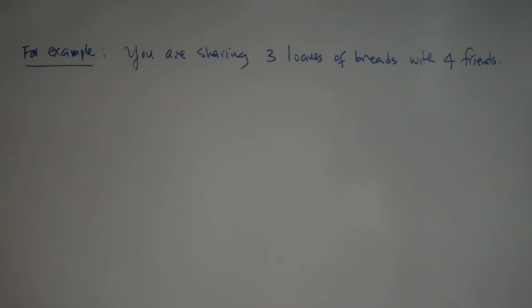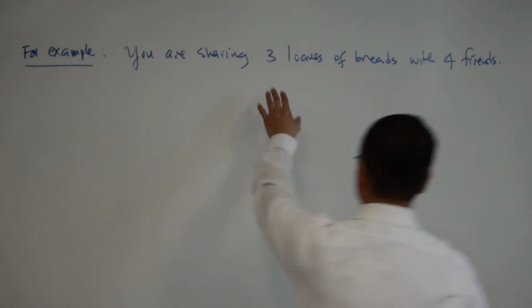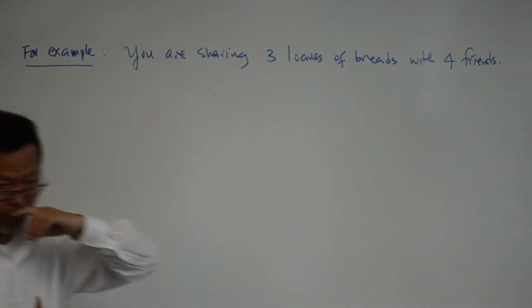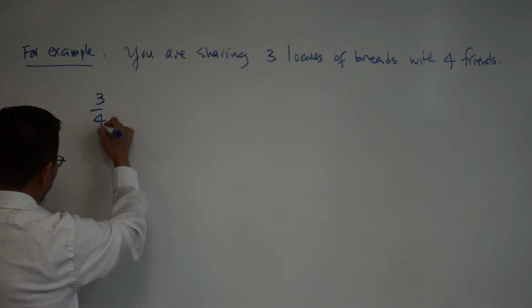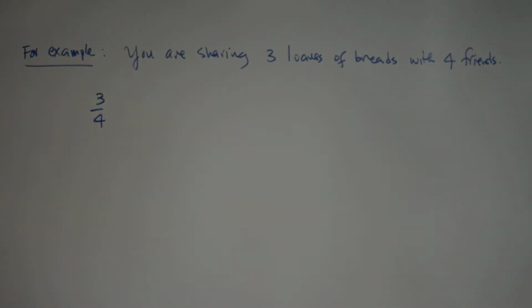3 loaves of bread with 4 friends. What is the fraction form in this case? In terms of fraction, can you write the fraction? Can we say 3 over 4? Right? That's the fraction. Does that make sense?